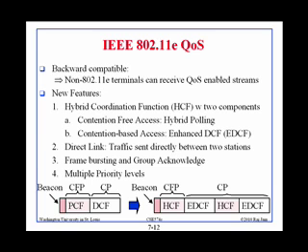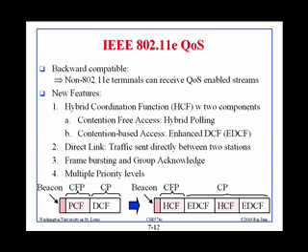But in the new 11E standard, the DCF part we just discussed a minute ago, where you have to wait for the NAV to expire, then wait for the DIFS, then do the back-off, has been extended to 4 different queues, maybe 8 different priorities.